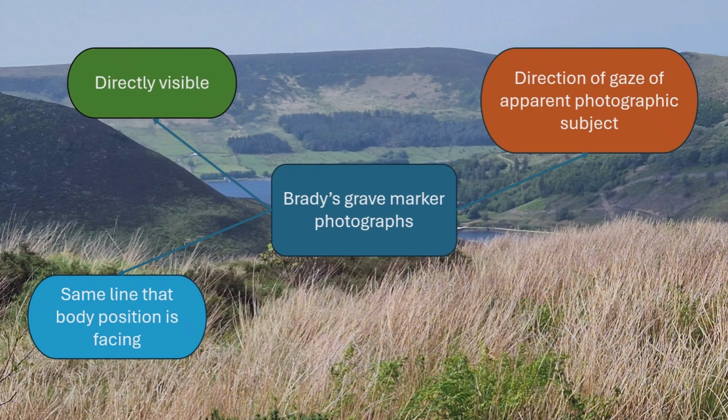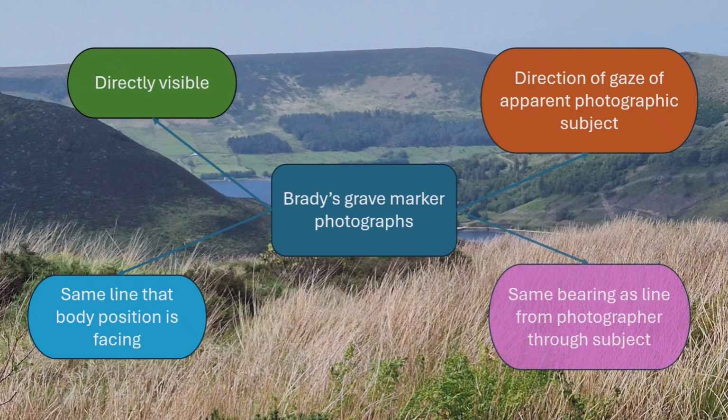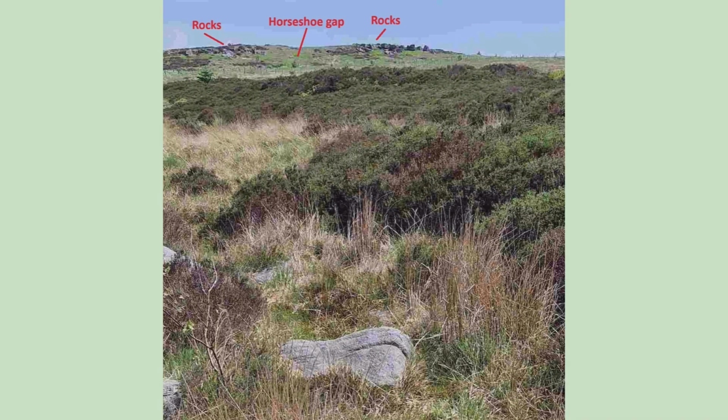Finally, the graves may be on the same bearing as a line from the photographer through the subject. There are multiple examples of this. If we consider the photograph of Hindley crouching over John Kilbride's grave, that is roughly where I have taken this one, Brady has positioned himself and Hindley with the grave in between them, so Hollin Brow Knoll is in the distance.